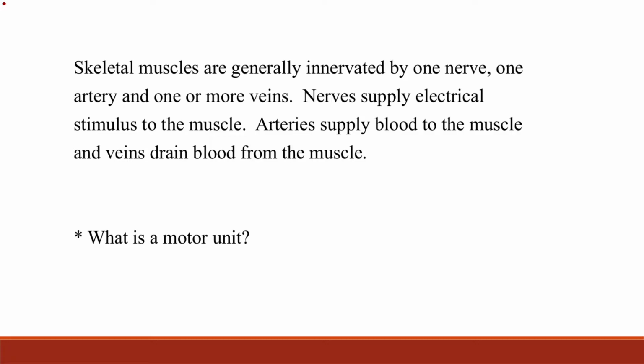Okay. And then I ask here, what is a motor unit? A motor unit is a motor neuron, and a neuron is a nerve fiber, a motor neuron, and all of the muscle fibers it touches.